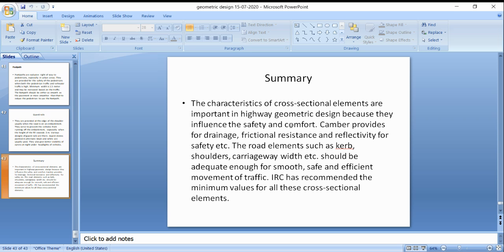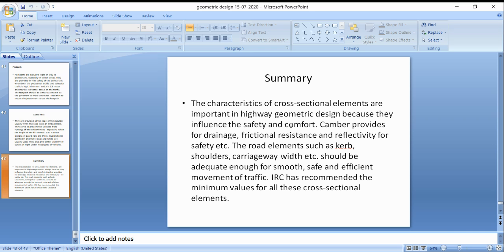These are the topics we have seen. First, we have seen about friction and unevenness of the road, the drainage facility, and also light reflection.